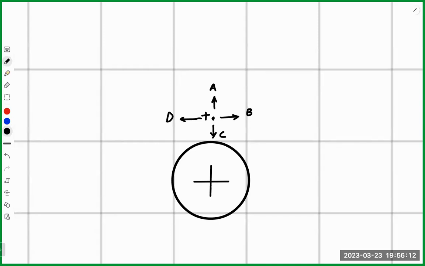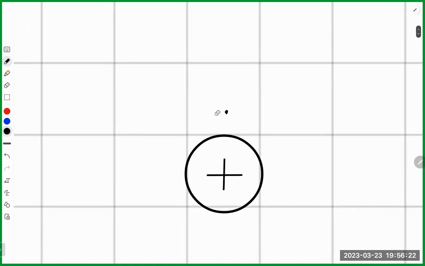Good. So at this point, force will be along A because the main positive charge is supposed to repel this charge. So if I bring a positive charge on the top, it will experience force in this direction. So it means on the top of this charged particle, there will be an upward field.